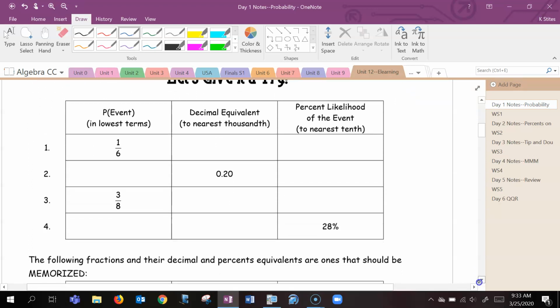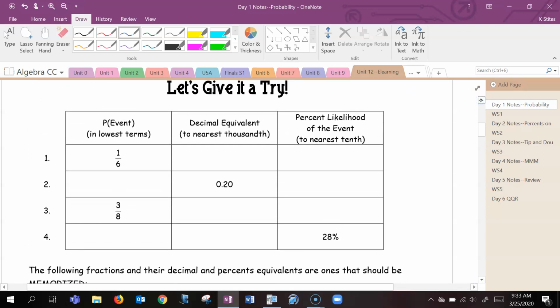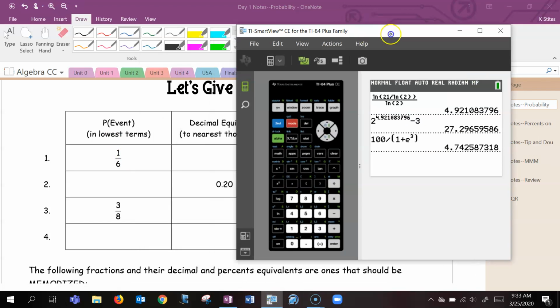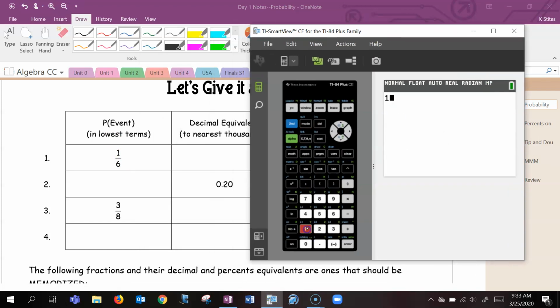All right, we have the probability of 1/6. This is a fraction, and to convert that to a decimal, it says nearest thousandth, so I'll show you how to do that. We're just going to type it into our calculator. Nearest thousandth actually means 3 decimal places. That's more than we're used to.